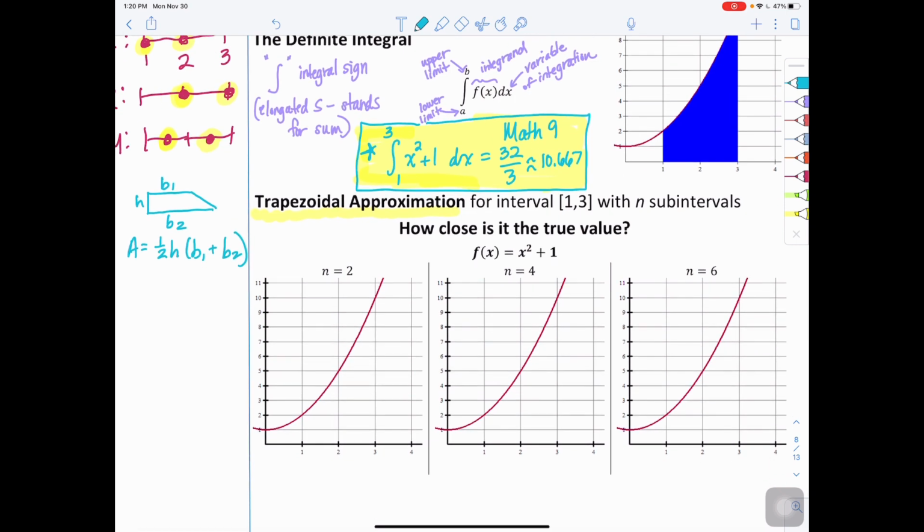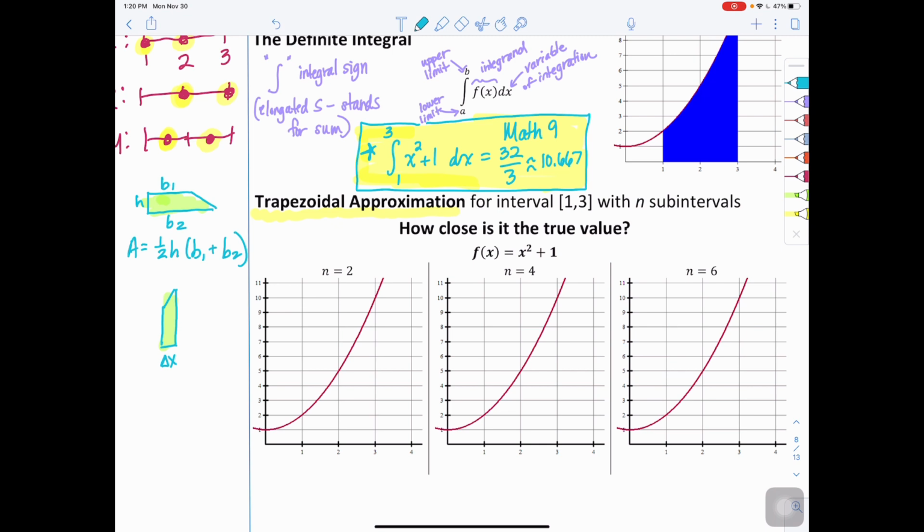I'm going to take that trapezoid now and I'm going to stand it up. So this is the same trapezoid as this. Okay? Now, this is delta x. So instead of the height, we're going to call that delta x, the width of that.